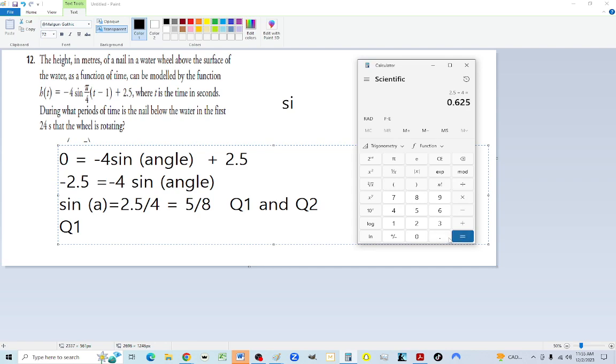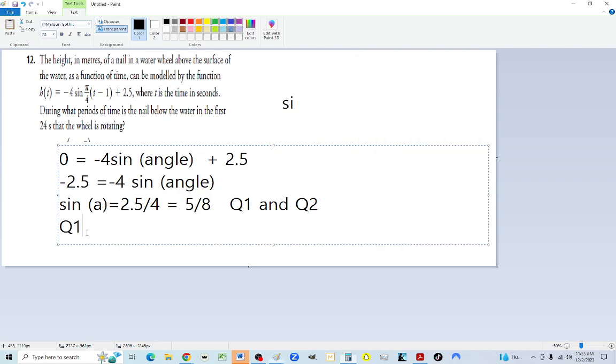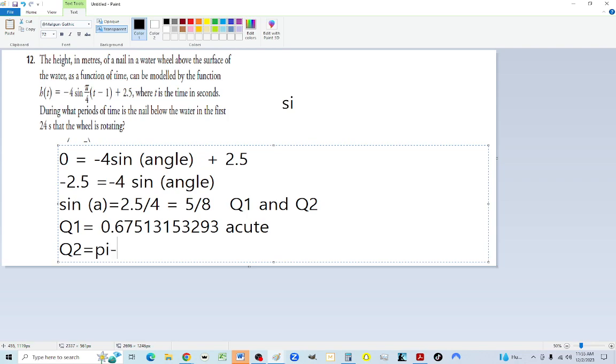So that's our amount. We have to do arc sine. So this is our first radian in quadrant 1. That's our acute angle. To find quadrant 2, we're going to take pi and subtract that. And you might say, okay, what are you going to do?